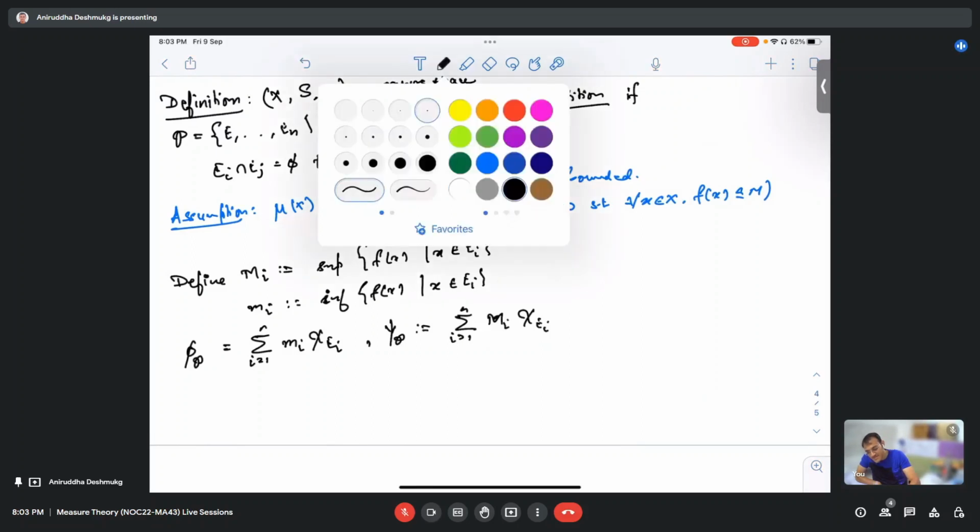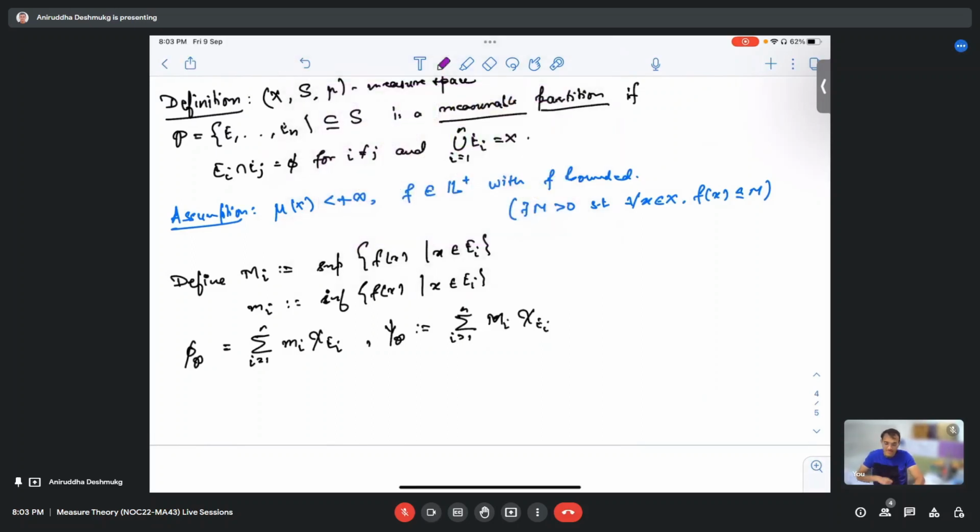Are these phi_P and psi_P simple functions? Yes, because the Ei's are disjoint and the union is the whole of X. In fact, they are measurable simple functions because the Ei's are measurable, and they are non-negative because f is non-negative. So this is inside L0 plus.